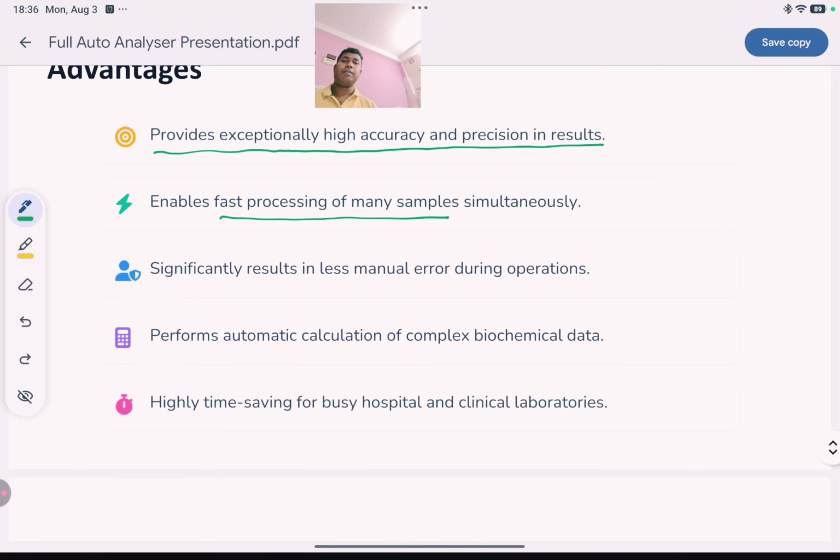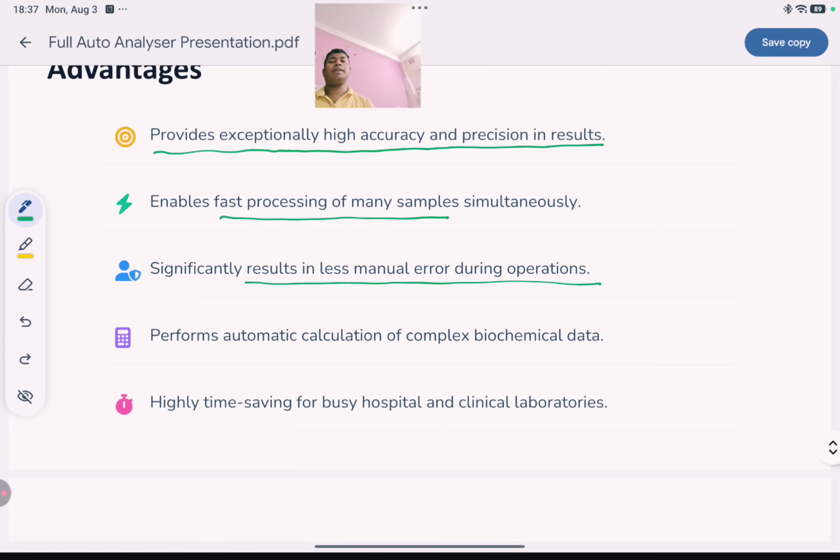The biochemistry analyzer also results in significantly fewer manual errors during operation. As it is fully automatic, there is a low chance of manual errors, meaning human errors which sometimes happen during a test or reaction or anything.